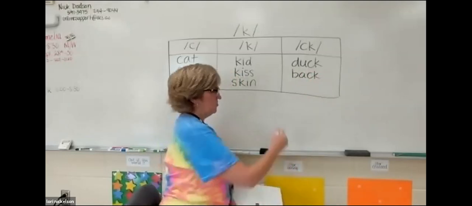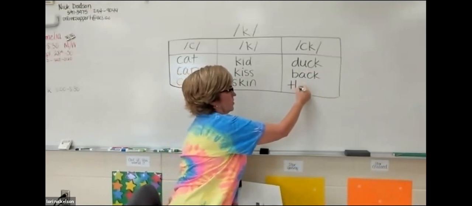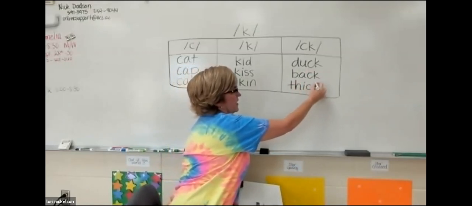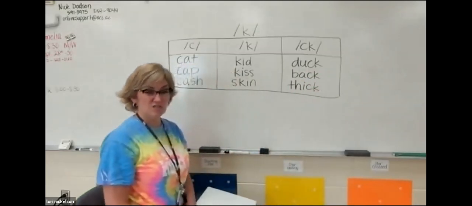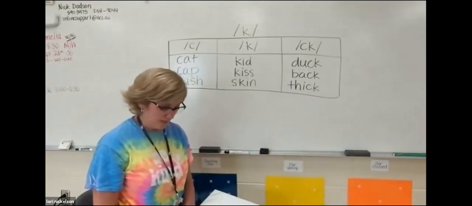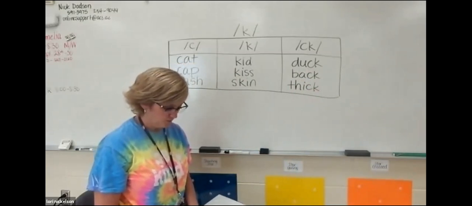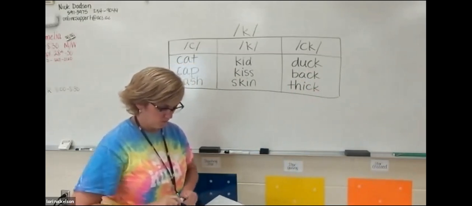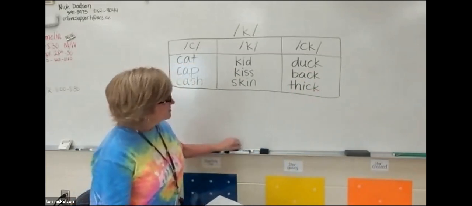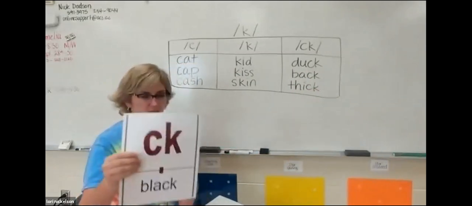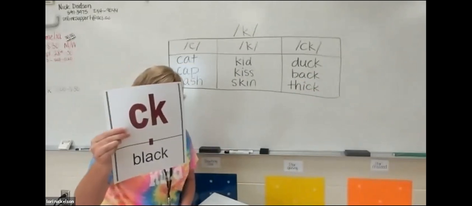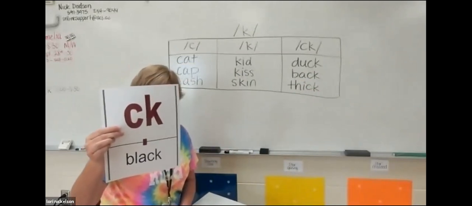And also, what about thick? And I'm sure you can think of others that have that same spelling that you could put on this chart. All right. So think about this. The K sound, like in black, is spelled with CK.